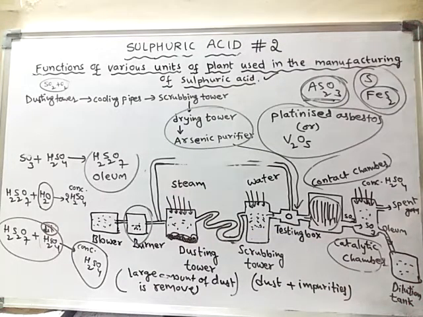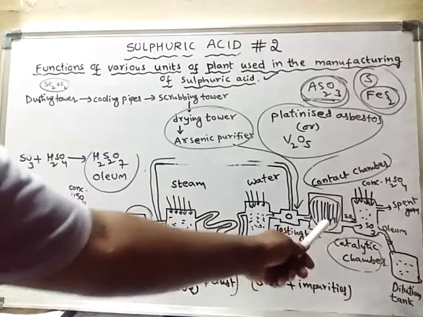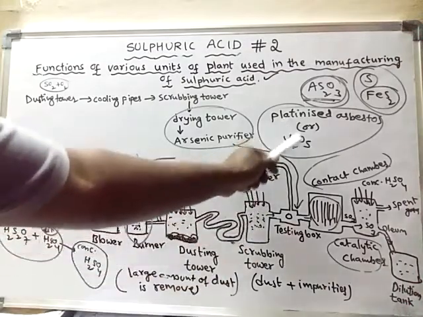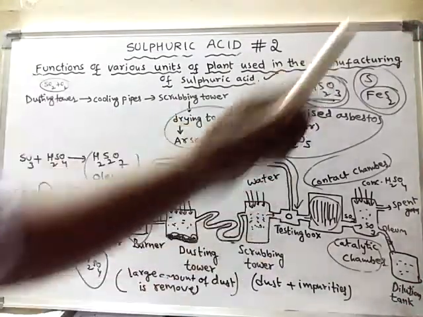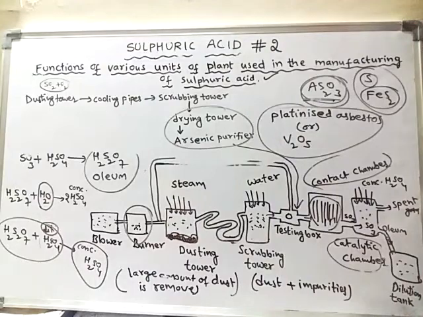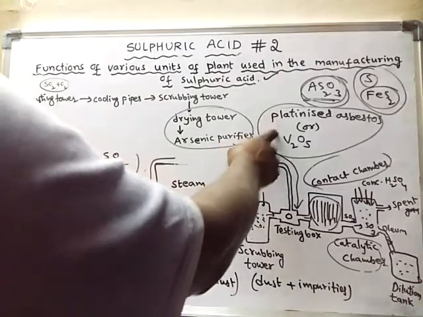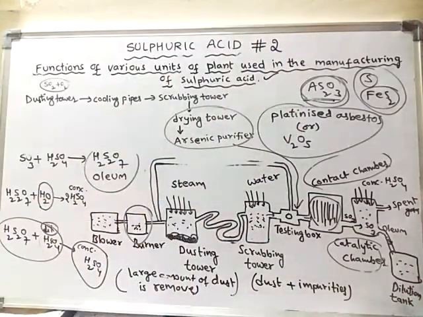So we have to prevent the poisoning of the catalyst. How is the catalyst poisoned? Because of the presence of arsenic oxide impurities. So to avoid the poisoning, we have to remove the arsenic oxide.